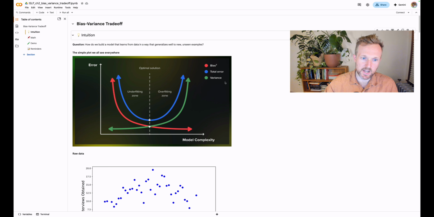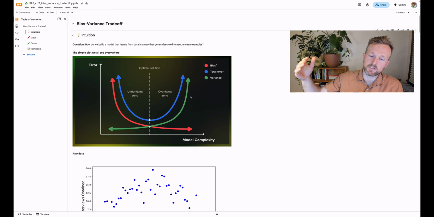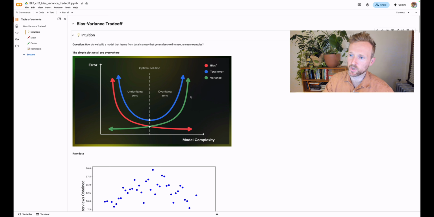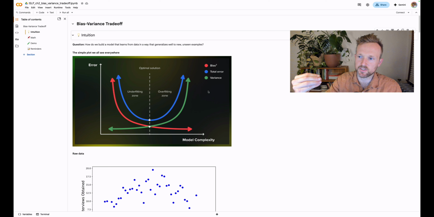And the basic idea is that with very simple models, you have high bias, low variance, and we call that underfitting. And with very complex models, we have high variance, low bias. We call that overfitting. But we're going to try to get a little deeper into this, like actually see real examples of how you would make a plot like this.